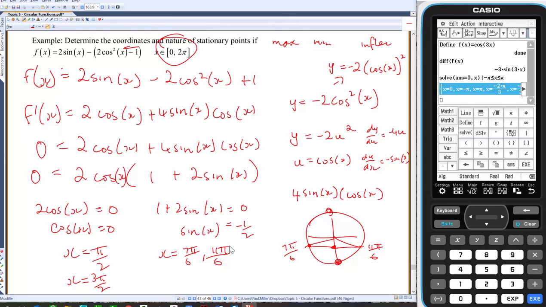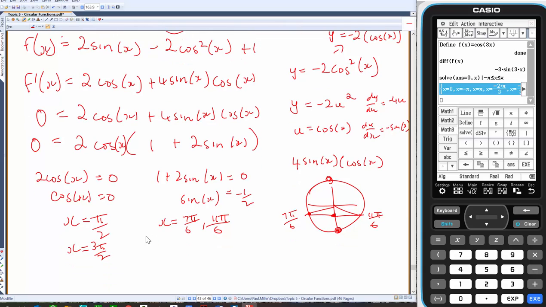Okay, now we need to work out what the coordinates of these stationary points are. So I need to work out what the y values are for each of these values of x. All right, so I'm just going to note them all down. I've got pi on 2, comma something. I've got, what's the next one in the list? 7 pi on 6 is the next one, comma a y value.